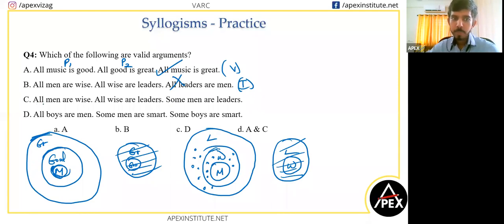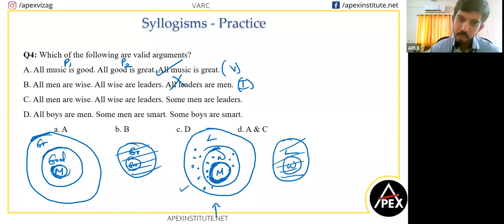Now, all men are wise. So we have the same situation. So let's just continue with this. All men are wise and all wise are leaders. So same circle. Okay, we are here. Can we say some men are leaders? We have men, which is a subset of wise, and wise is a subset of leaders, right?